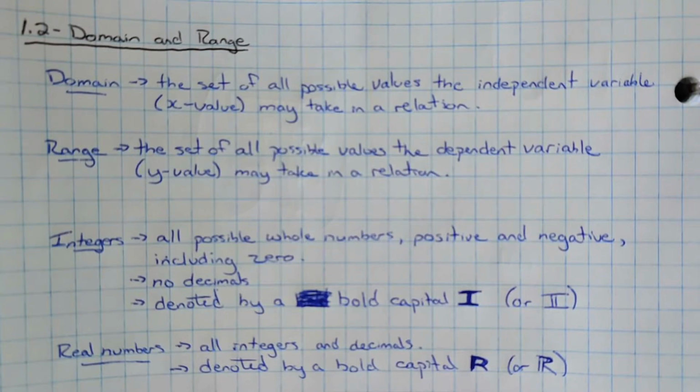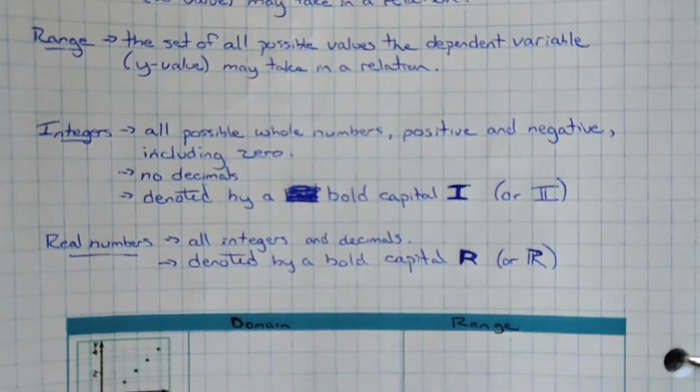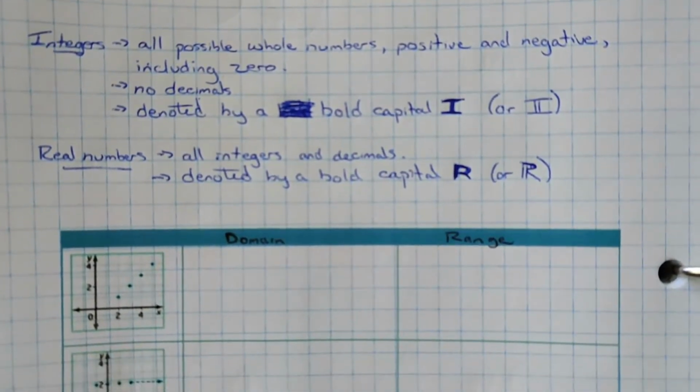Now, when we're talking about domain and range, it's important to know some of our number sets. Hopefully you're familiar with a lot of them, but as a review, the integers and real numbers are the two we're probably going to work with the most. Integers are all possible whole numbers, positive and negative, including zero. Whole numbers, what are they?